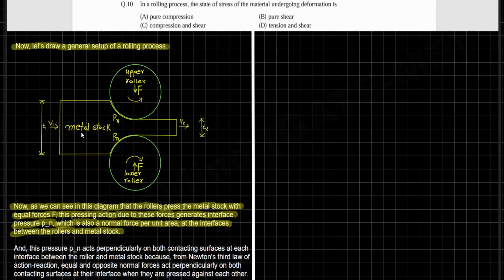So, the pressing action of the metal stock by the rollers with equal forces F generates interface pressure Pn at each interface between the metal stock and the rollers.